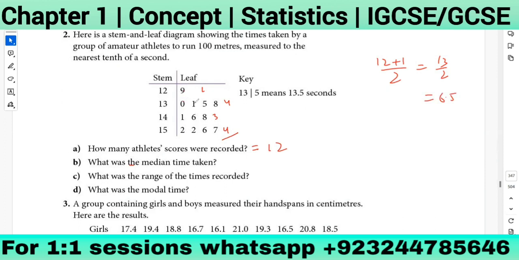So it will be 1, 2, 3, 4, 5, 6, so it should be 14.1 plus 14.6. Miss, will we add them, or can we write both together? There will be two medians in the question. How many medians are there? It is 14.1 plus 14.6 because 13.5 is representing 13.5. So here it's 14.1 plus 14.6 divided by 2.